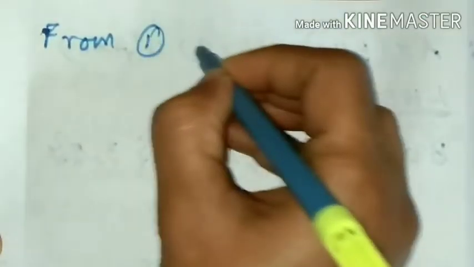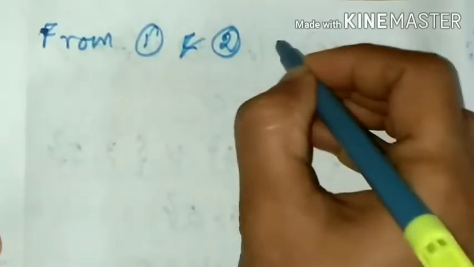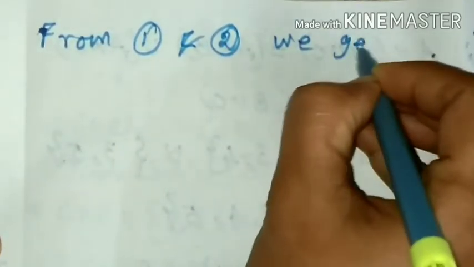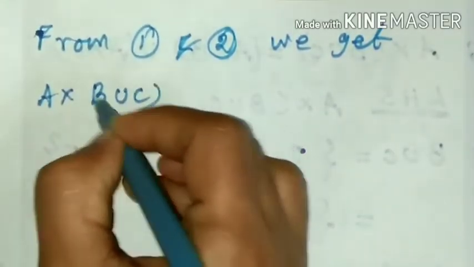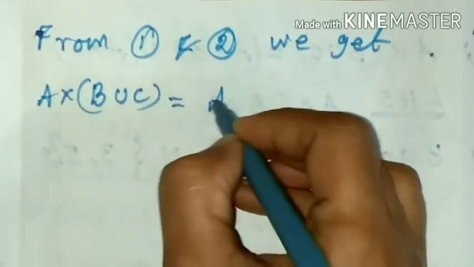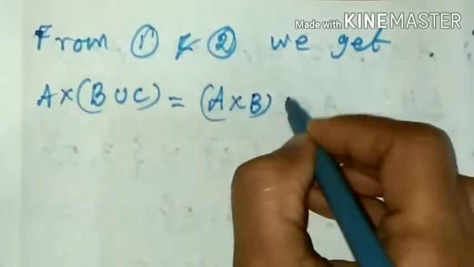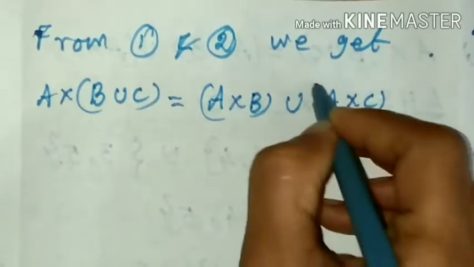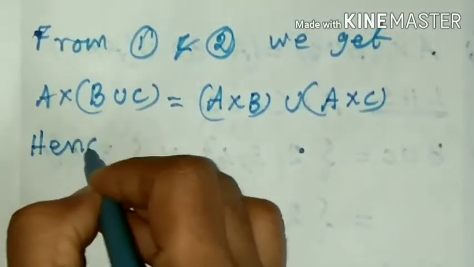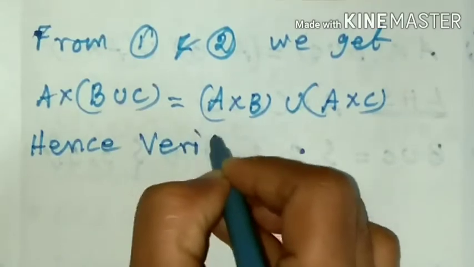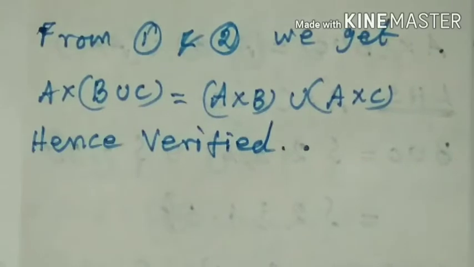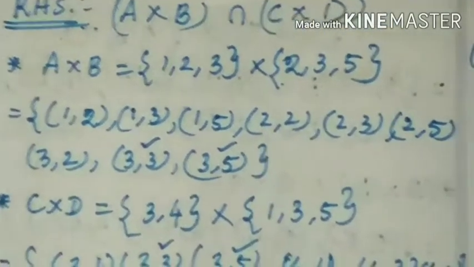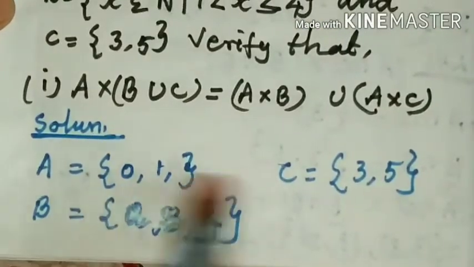From 1 and 2 we get A cross (B union C) is equal to (A cross B) union (A cross C). Hence verified. Students, like this model, you do the next two subdivisions using these elements.